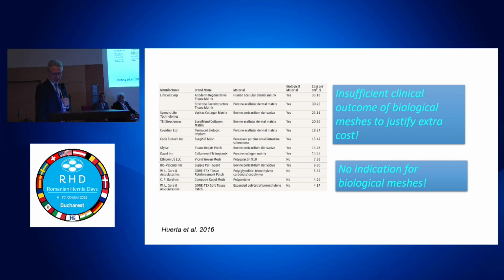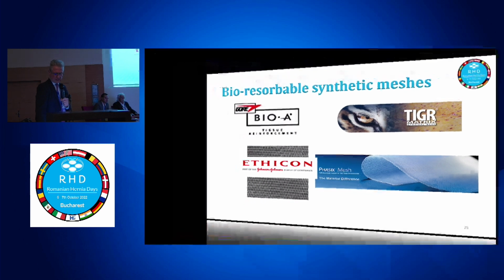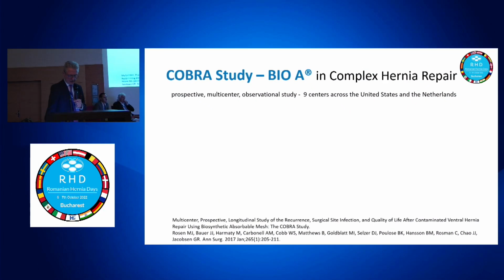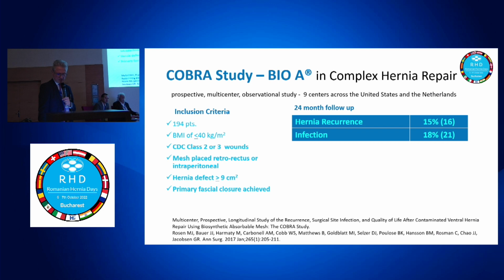So what about now? This is the new group of meshes, the bioresorbable synthetic meshes. You know, of course, all these meshes on the market, and it started with the first study by Mike Rosen, the COBRA study, using the BioA, with CDC classification 2 or 3 wounds, and mesh placement was retrorectus or intraperitoneal. Looking at the hernia recurrence rate at 2 years follow-up, 15%, infection rate 18%.